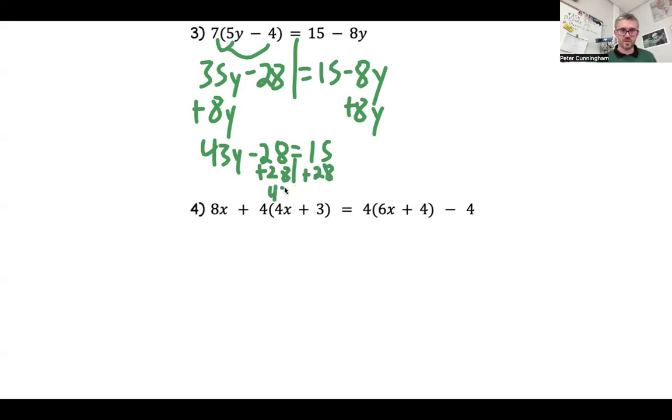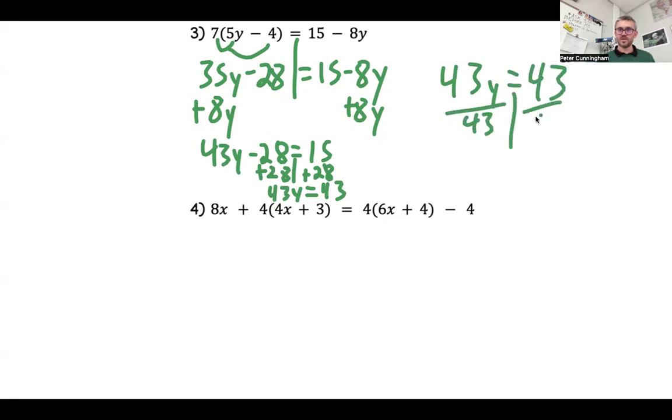And we have 43y equals 43. I'm going to use some more space here. Divide both sides by 43. Y equals 1.